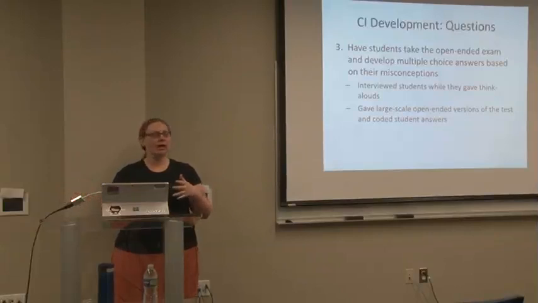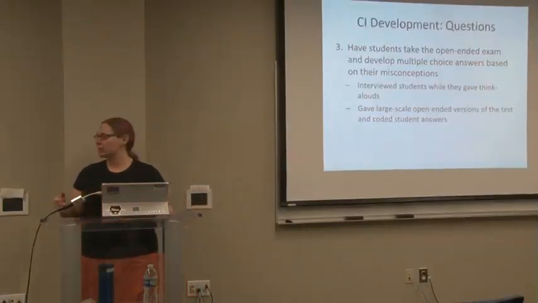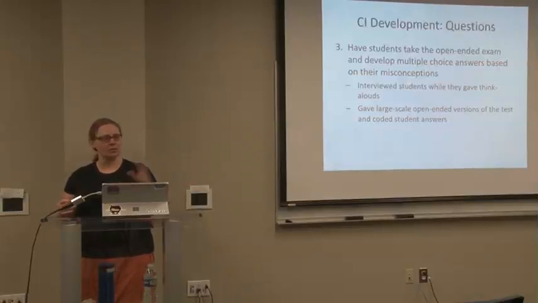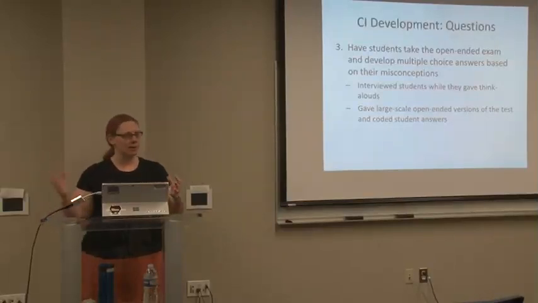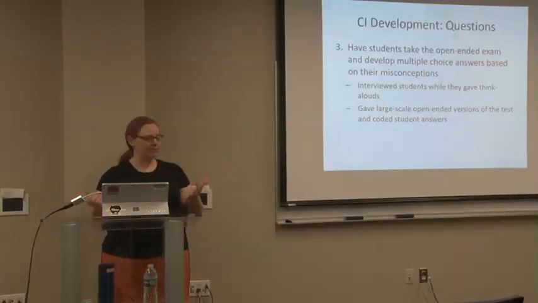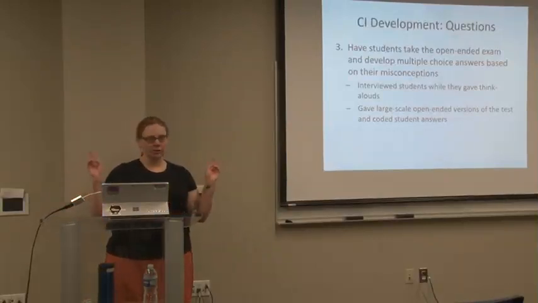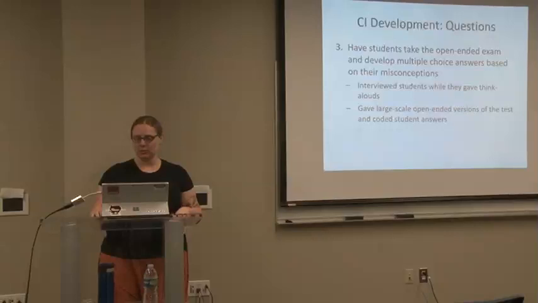We ended up with several hundred versions of the tests that students had taken. Then we went through the answers and categorized them as, okay, this set of answers seems to have this misconception, this set seems to have this misconception, and so on. That's really how we developed the distractor wrong answers for our test questions.